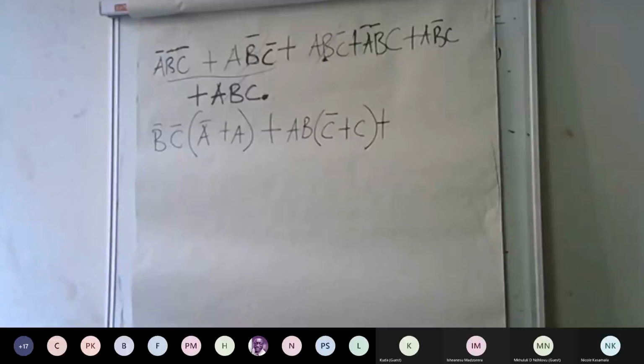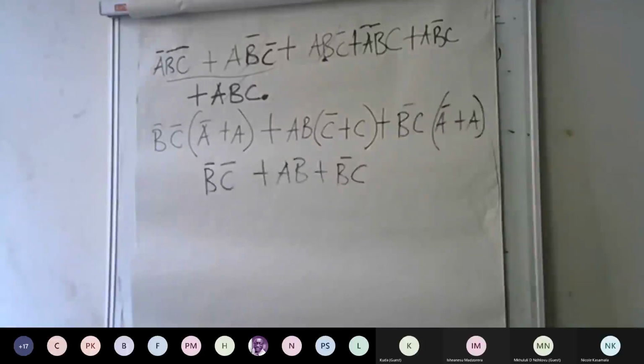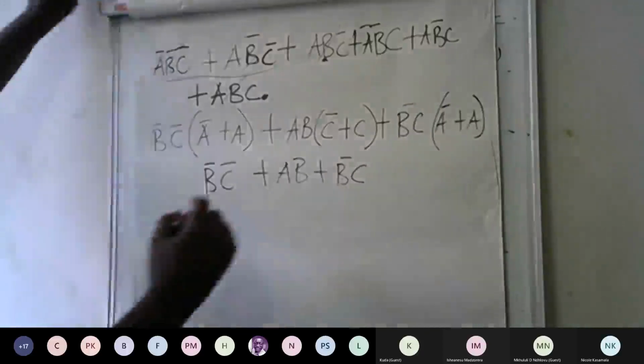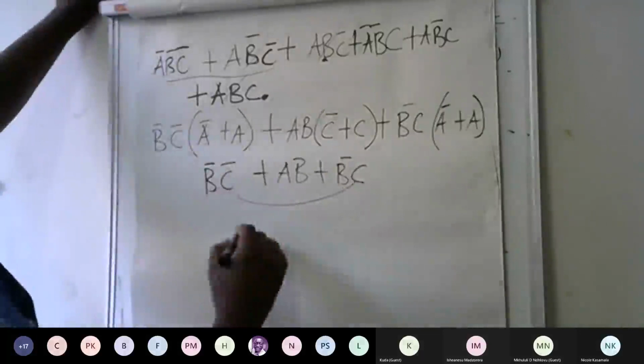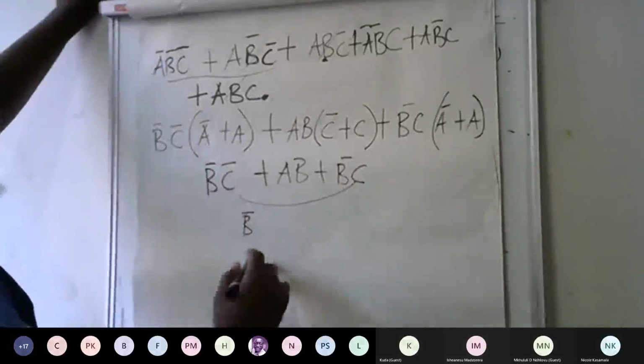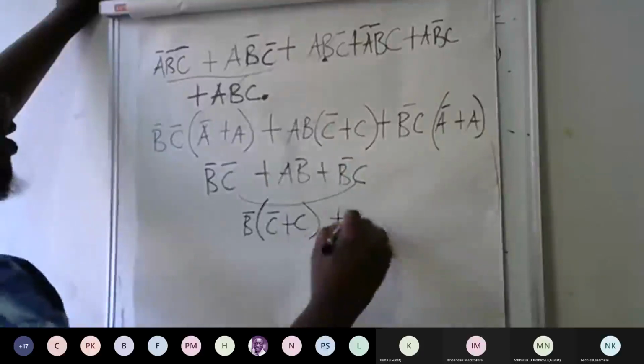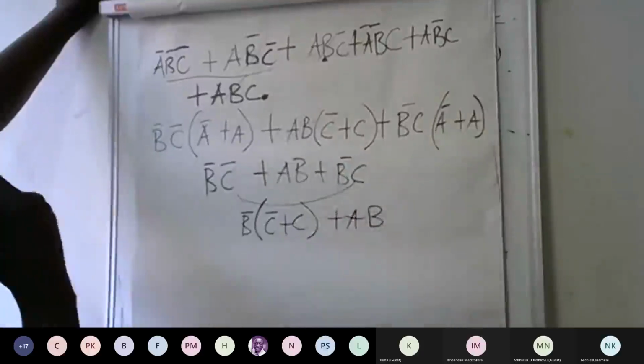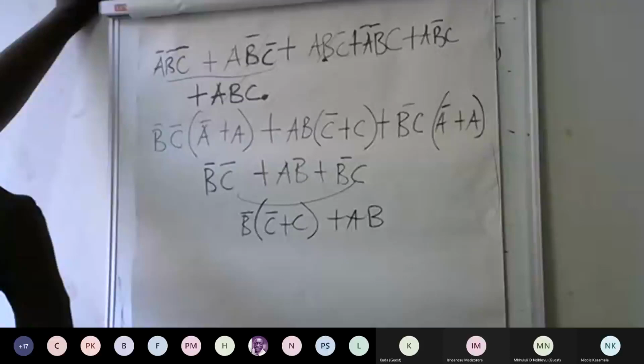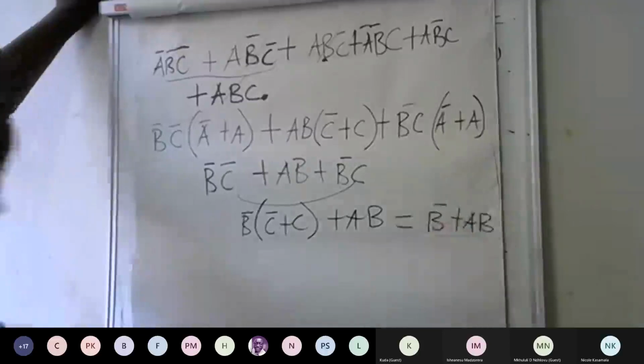Now, I see that the first and the third term, I can play around with them here. I can factor out B complement. Then I'll still have C complement plus C plus AB. Then I'll reduce this to B complement plus AB.